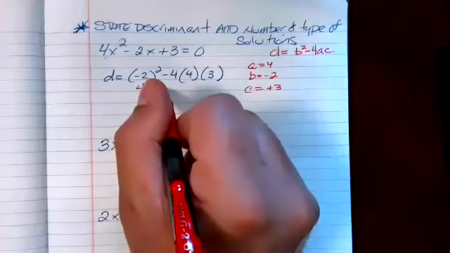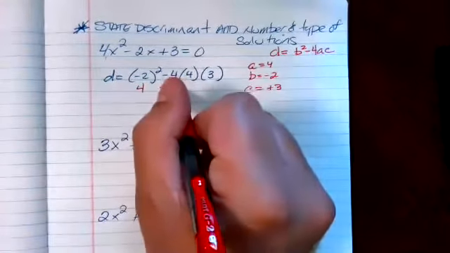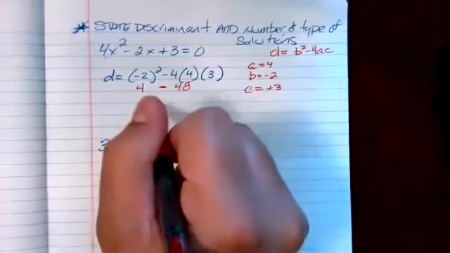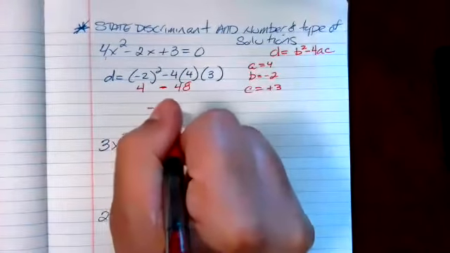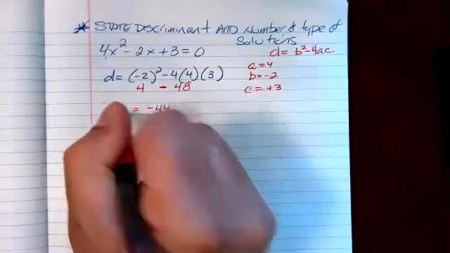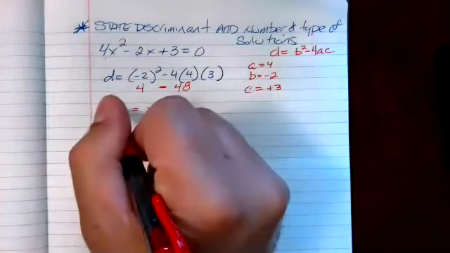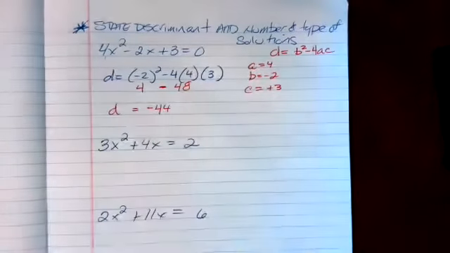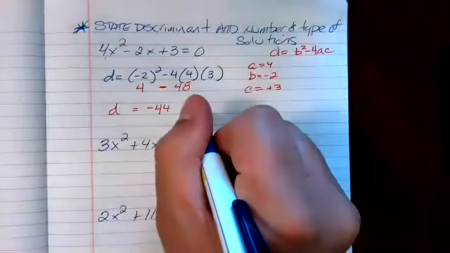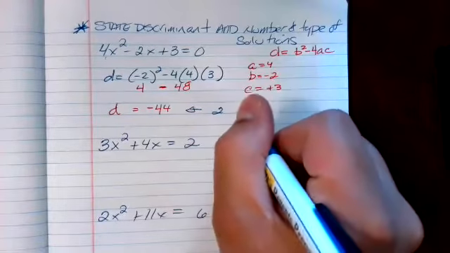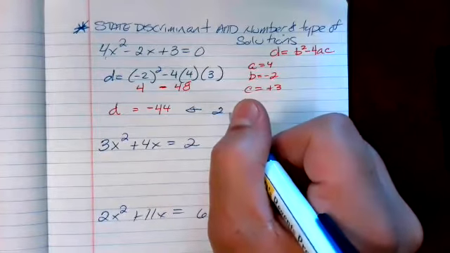I think. So D is equal to -44. That means my discriminant is negative, so I'm going to have two imaginary solutions.